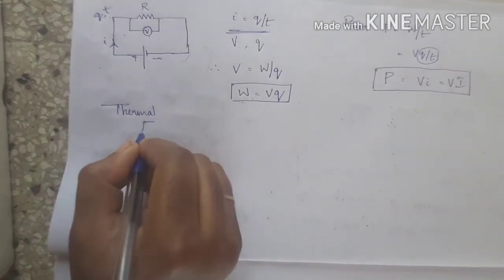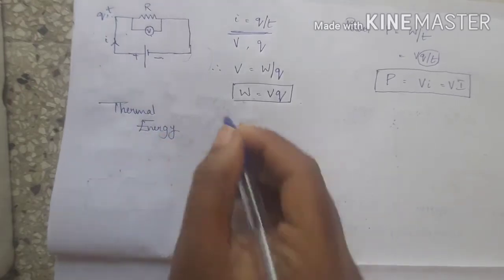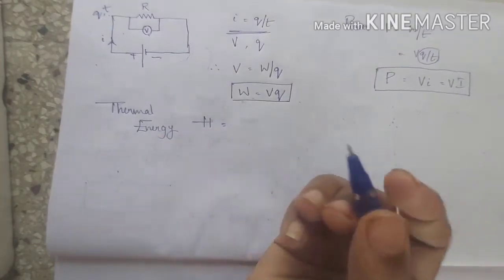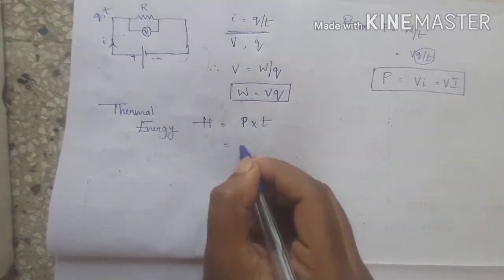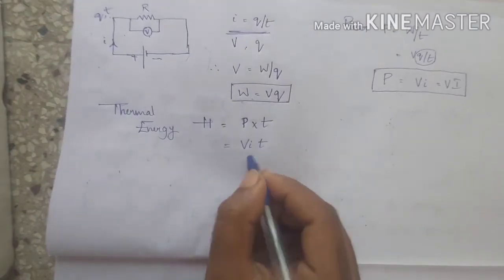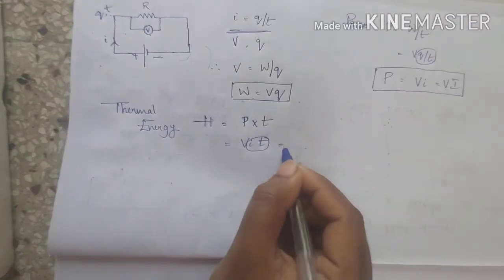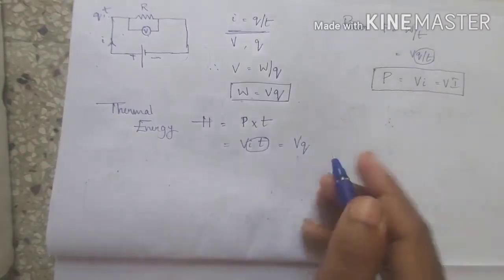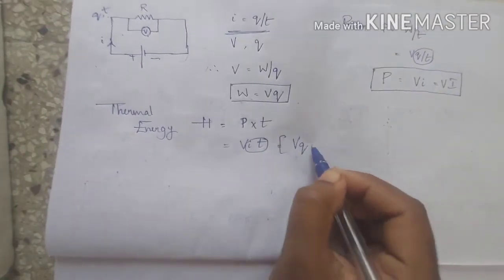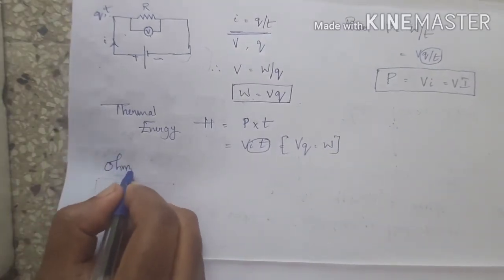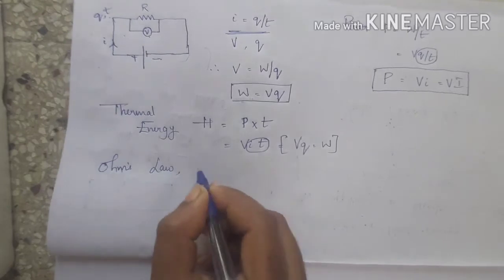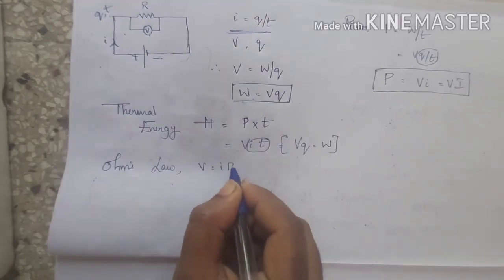Now let's see the thermal energy. Thermal energy, or heat energy, represented with the letter H, is nothing but the power used in a time T. So it is VIT. V into IT is nothing but VQ, which is your work. So VIT, from Ohm's law, what is Ohm's law? V is equal to IR.